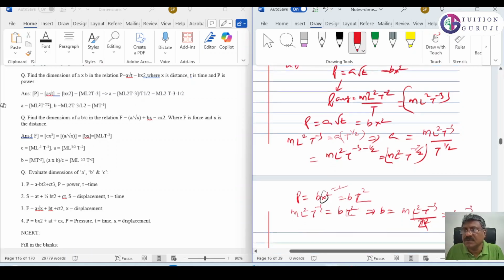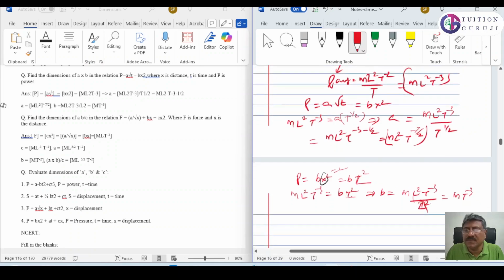So we have to find out A into B. A we got actually m L square T to the power minus 7 by 2 into m T to the power minus 3.